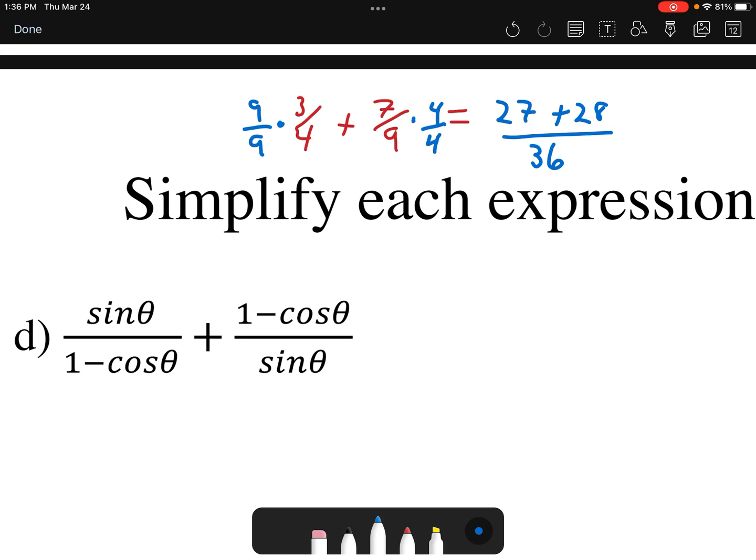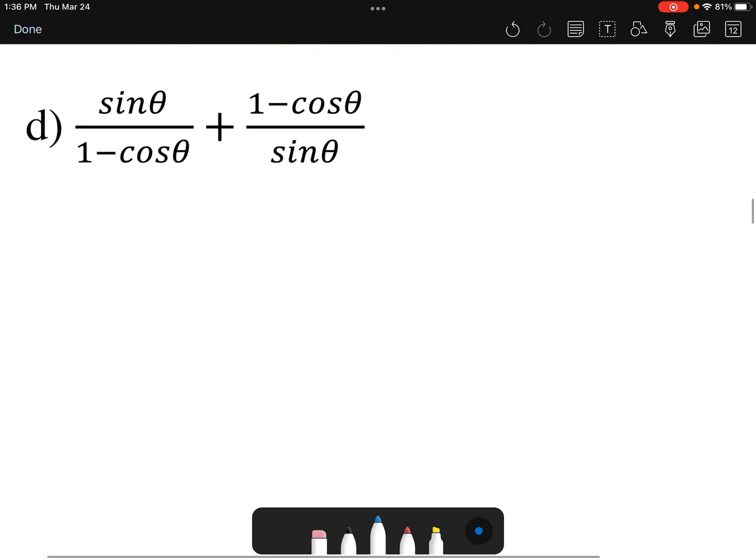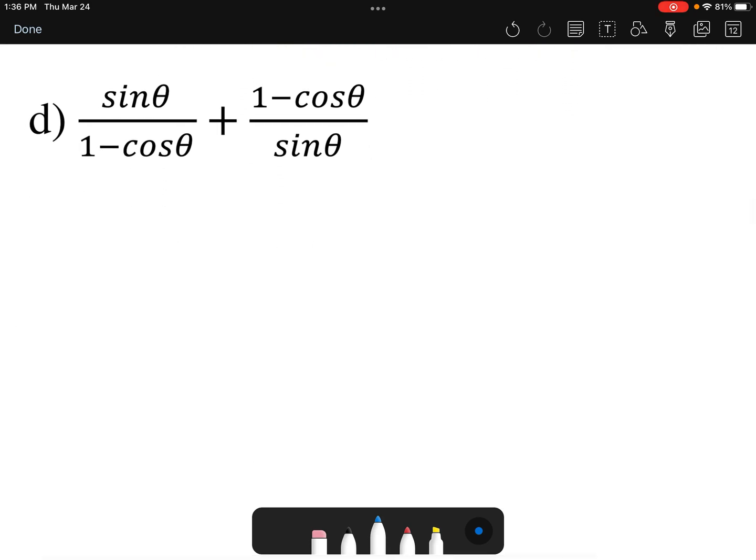Well, we're going to do very similar things on sines and cosines problems here. So when we look at this, we have an addition problem. We don't have a common denominator. So we would multiply this left side by sine over sine because it's missing sine.